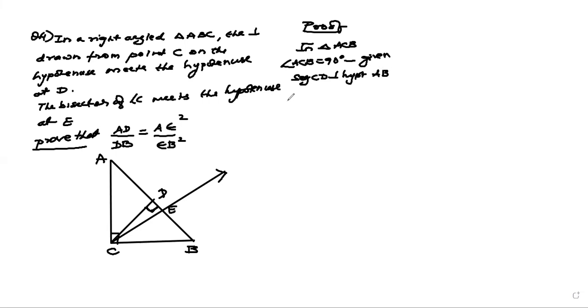So naturally, all the three triangles: big triangle ACB is similar to triangle ADC, similar to triangle CDB, by similarity in right angle triangles. This is figure number 1.